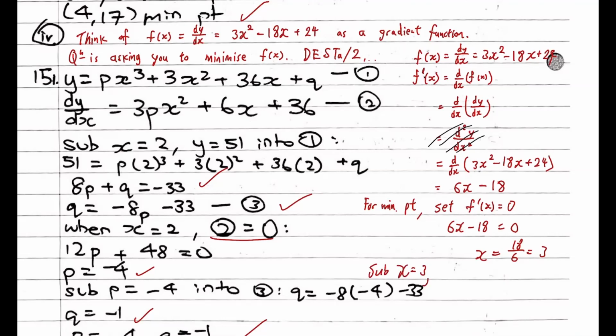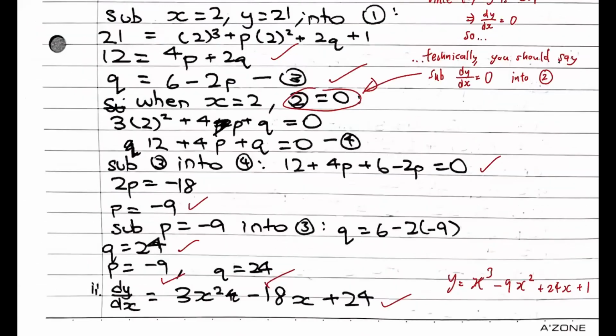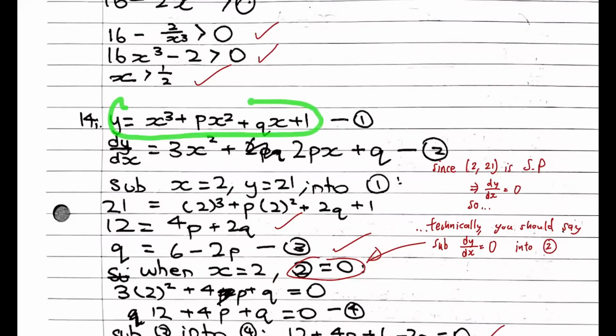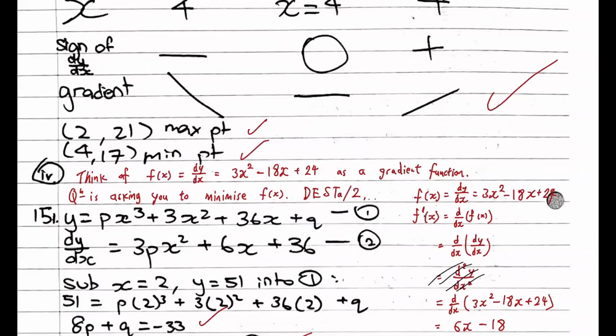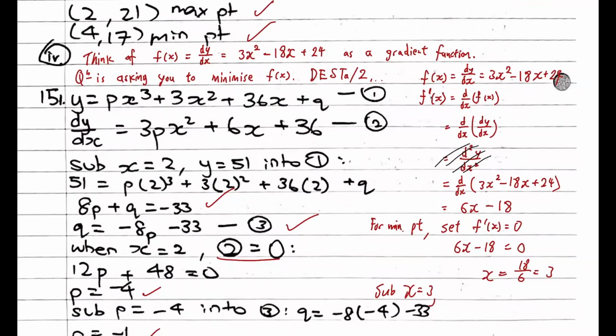Don't confuse, we already used the y notation for the original function. Don't say y, say f of x. This is a different y already. This is dy by dx. So sub x equals 3 into f of x.